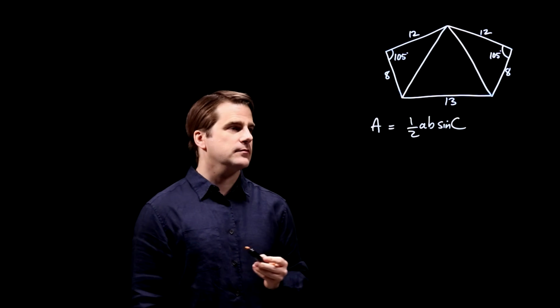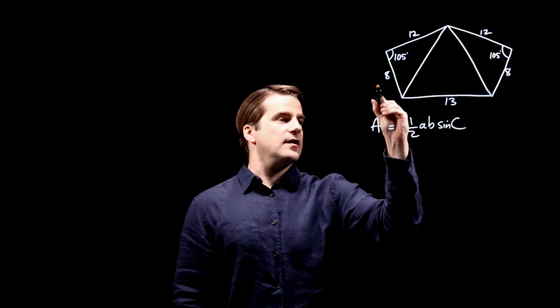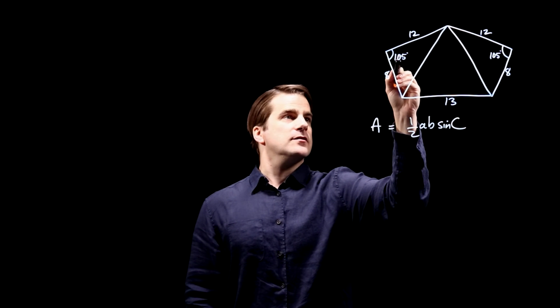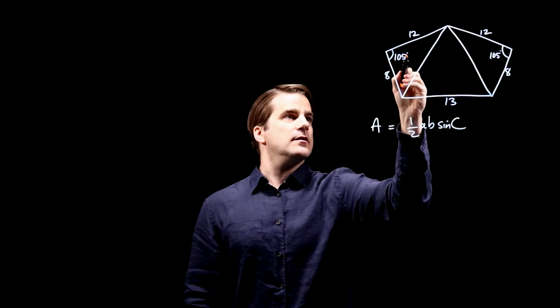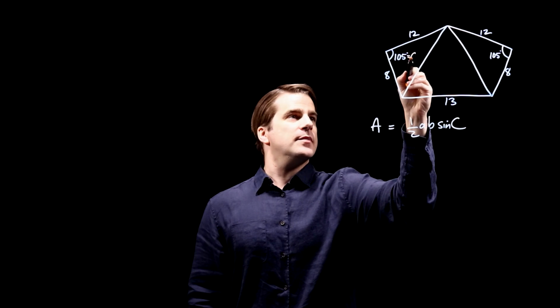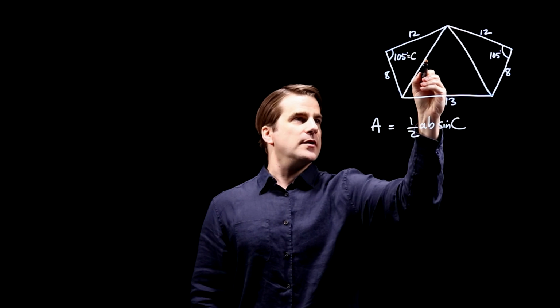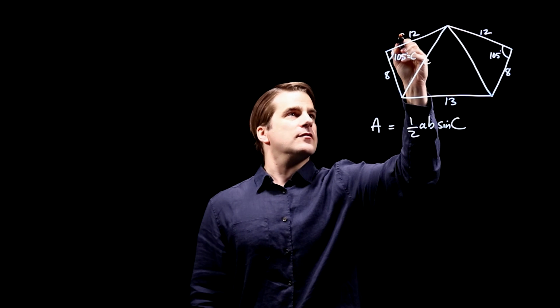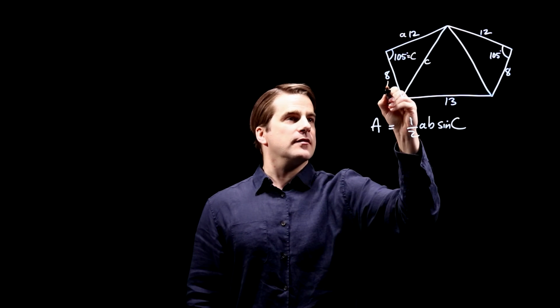So that's great. Let's label the sides. Sine C, that's the angle, so that's big C, and the opposite must be little c. It doesn't matter which you call a and b. Let's do it that way around.